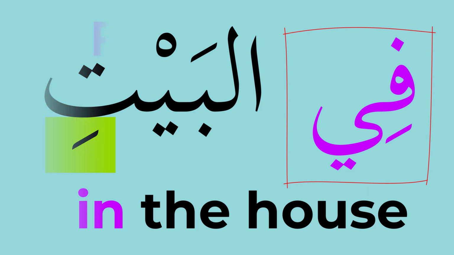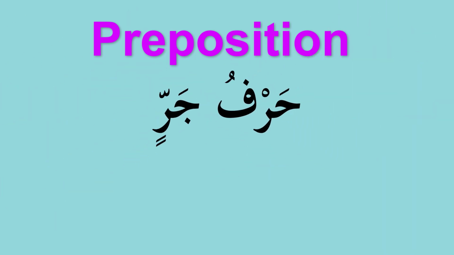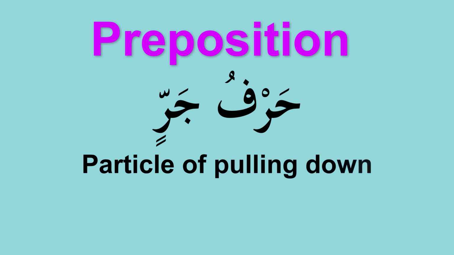What is called preposition in Arabic? Harfu jarrin. Particle of pulling down. From tu, it pulled it down to ti. Who did that? Somebody did it, pulled it down, and that was harf jar.